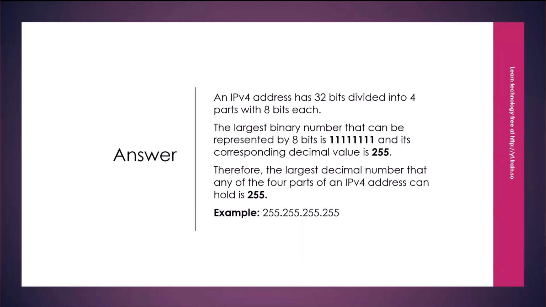An IPv4 address has 32 bits divided into 4 parts with 8 bits each. We already saw that. The largest binary number that can be represented by 8 bits is 11111111. And its corresponding decimal value is 255. Okay, so the largest decimal number that any of the 4 parts of an IPv4 address can hold is 255.